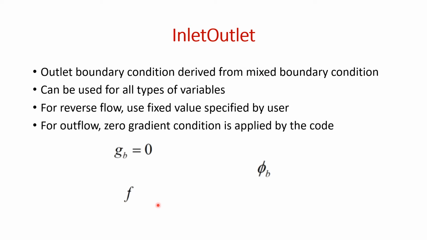Just to let you know, these three variables were there even in the mixed boundary condition: one was the gradient, one was the value at the boundary, and one was the value fraction. This is directly set to 0 by the computer code. So for any outflow, zero gradient is set, and we'll see what the inflow, outflow and reverse flow are in some minutes.